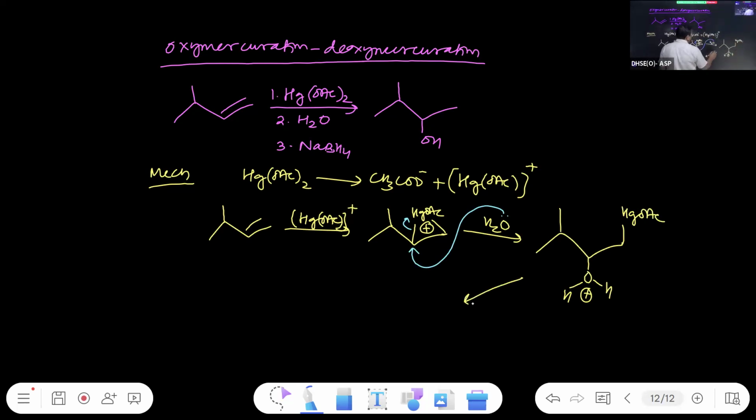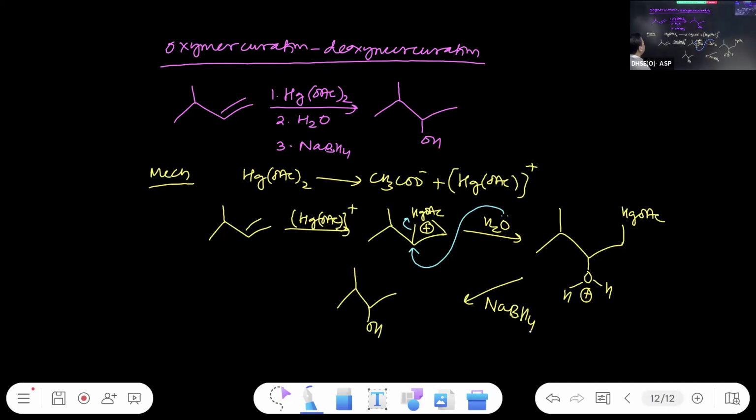Next step, how to remove the metal? The metal will be removed by using the reducing agent NaBH4. So this is the product.